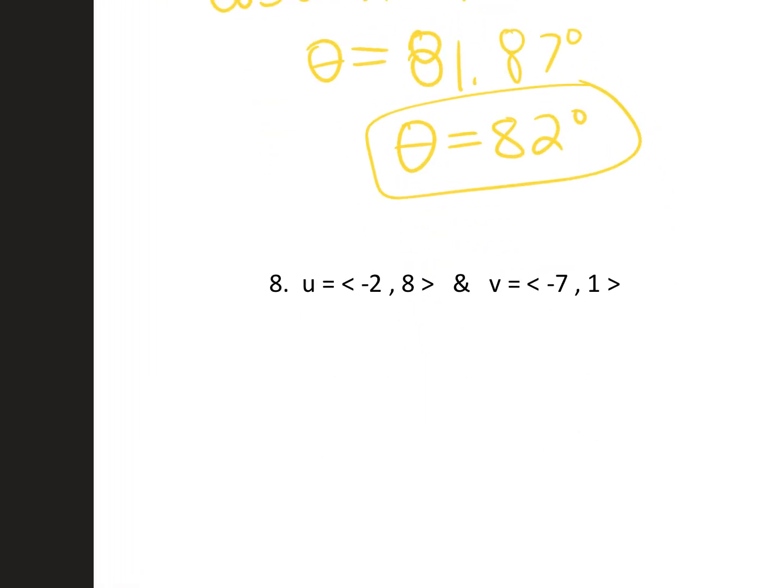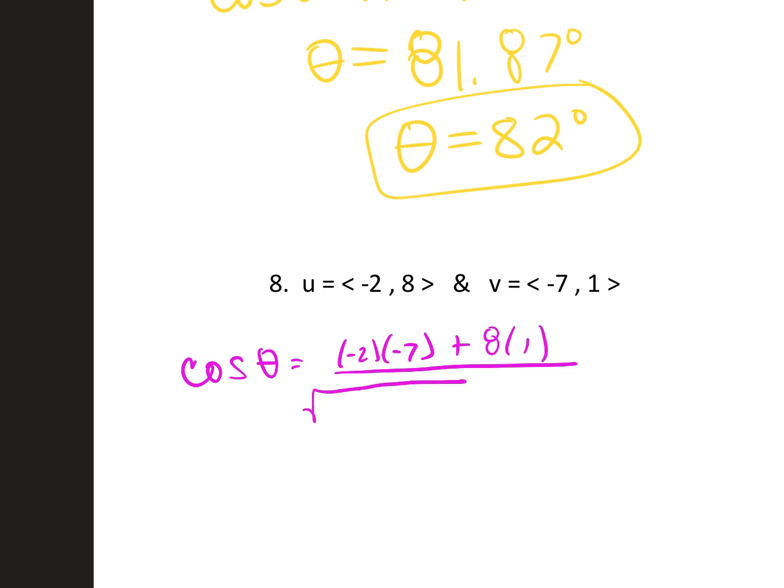All right, same thing here. This is the exact same problem, same formula. Cosine theta is the dot product. Well, my dot product is -2, -7, plus 8 times 1 over the magnitude. So I have negative 2 squared plus 8 squared and negative 7 squared plus 1 squared.